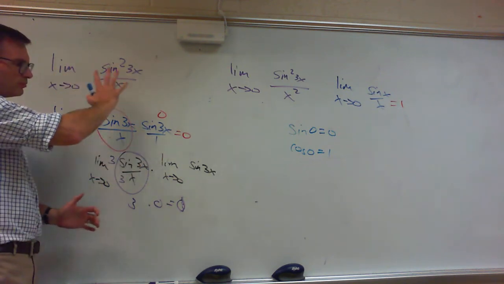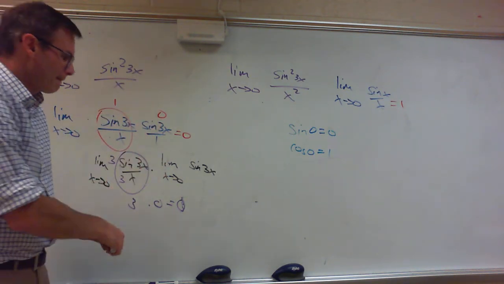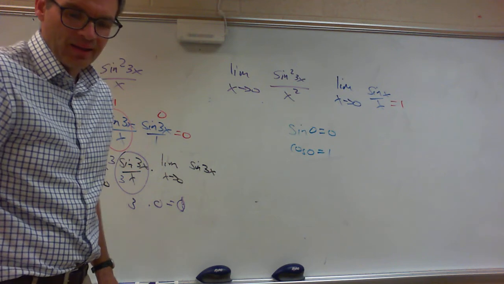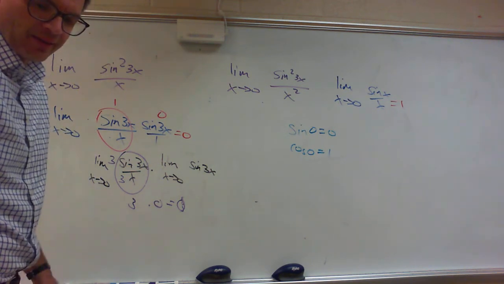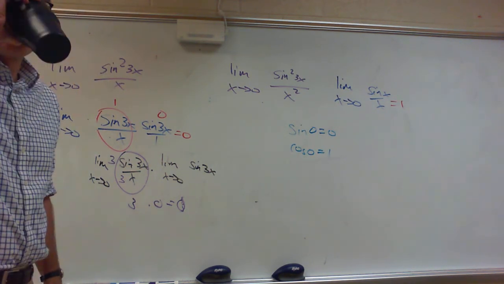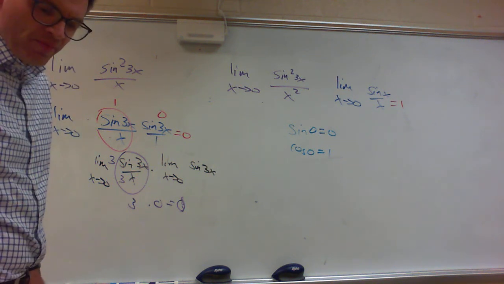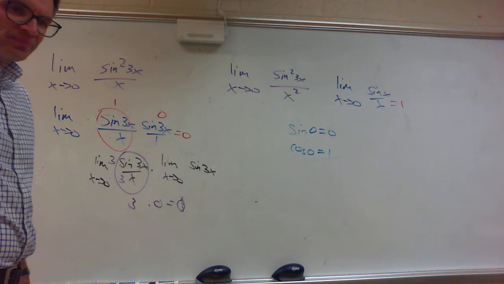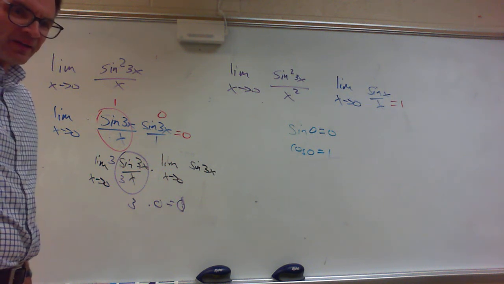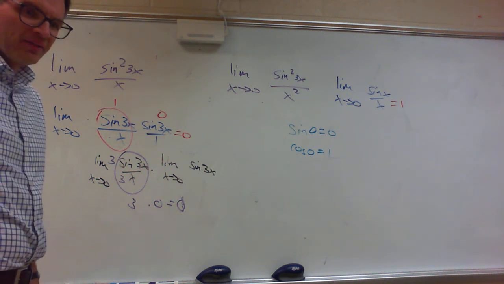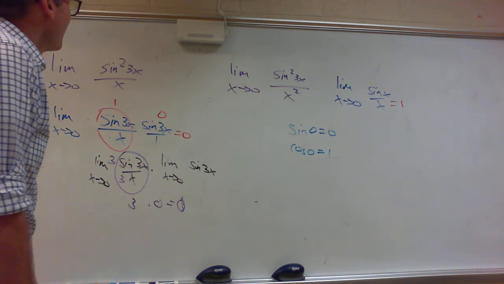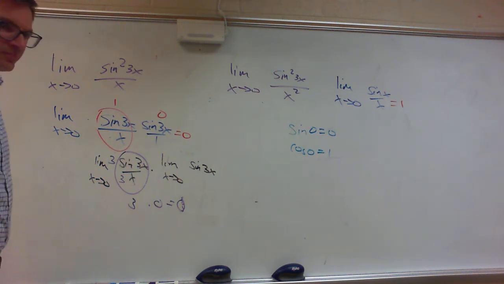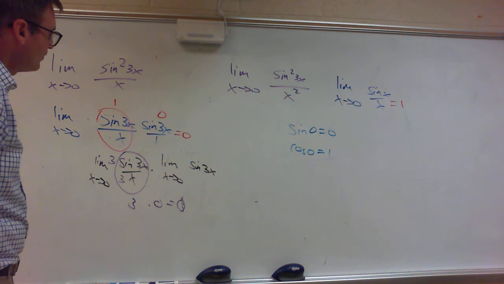So there's this example, right? I have a question on the first part of the equation. Yes. So before you started to do any of that and separate the equations, because it's sine squared 3x, can't you also just multiply both the denominator and the numerator by 3x squared, and then you level both of them out, and then just 3 times 0, 0?